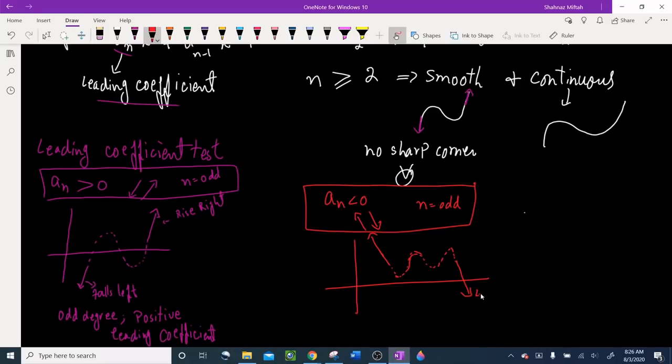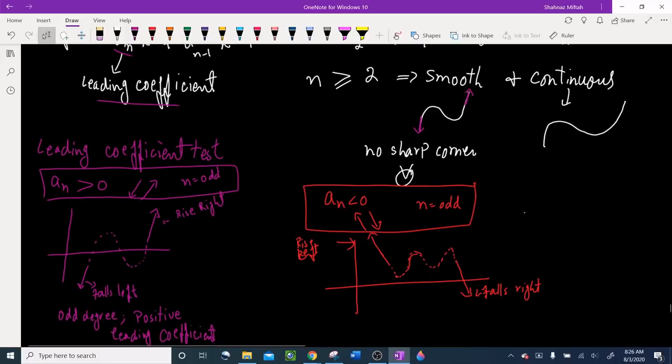So this one is fall right, and that one is rise left. There. And again, odd degree and negative leading coefficient.